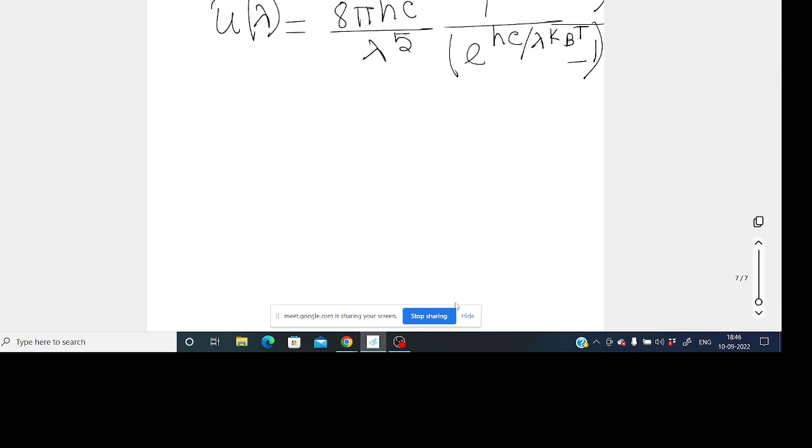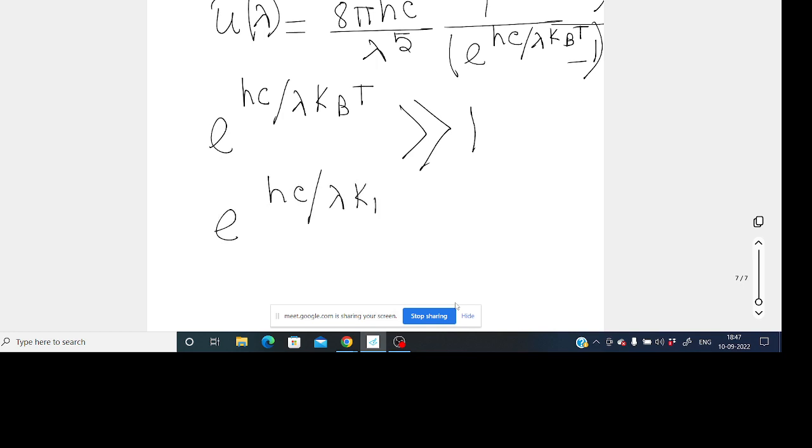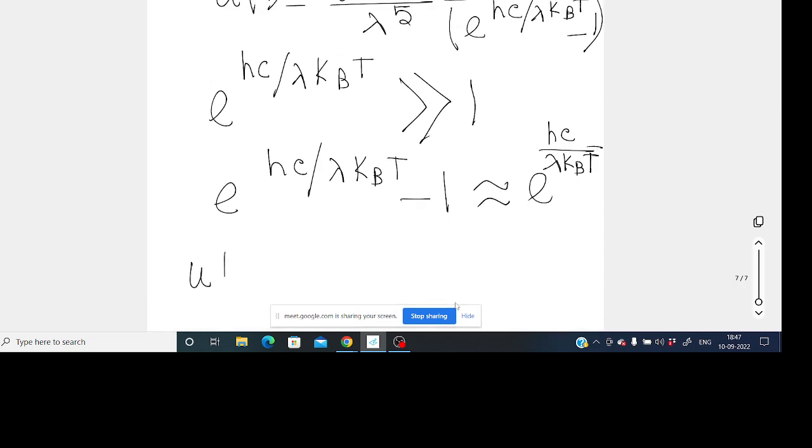Now let's assume that this quantity is much greater than 1. Okay. In this limit, we can replace this thing by this. Actually we are neglecting this minus 1. Okay. So in that case it will be equal to this.